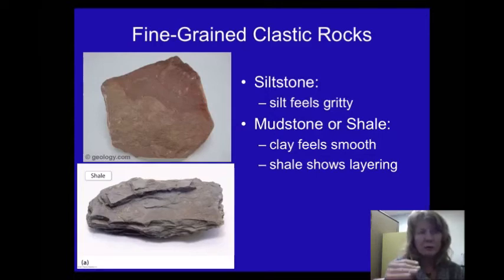And so that settling or deposition of the clay can happen seasonally, and the composition may be slightly different from season to season, and so that might impart a layering in the rock, and that might be visible as lines in the side of the rock, or it might be visible because it breaks a little bit in a linear fashion, so it looks like a flat rock. It might even break into flat sheets or somewhat flat.